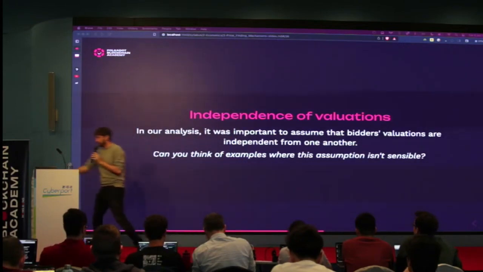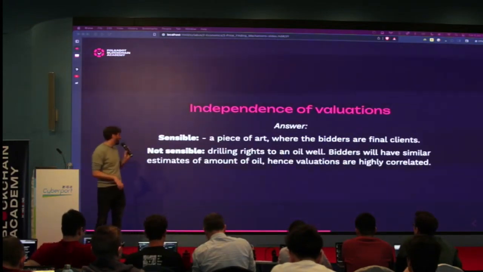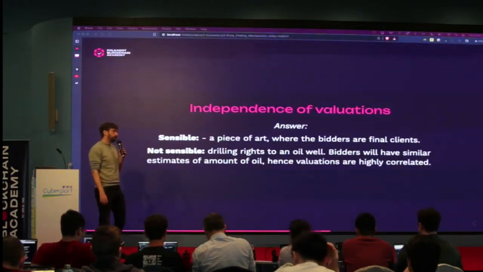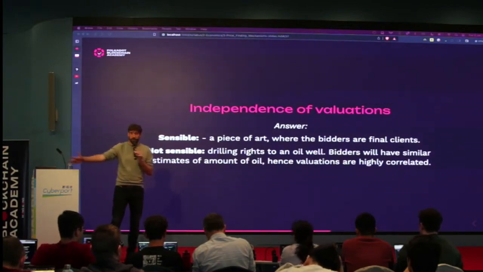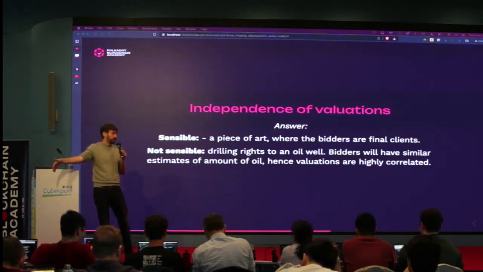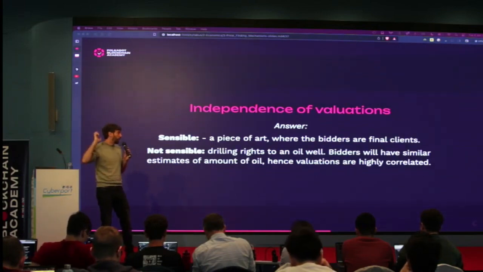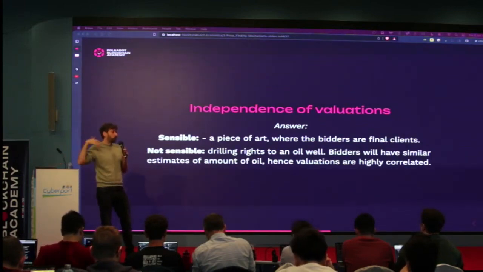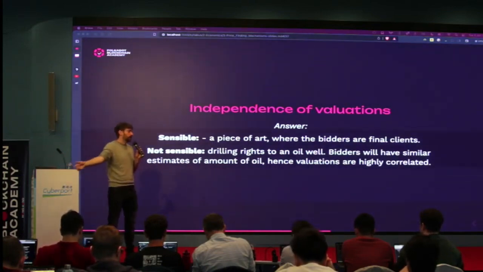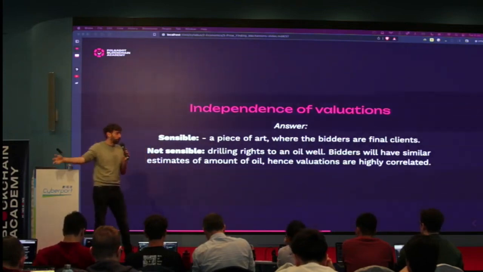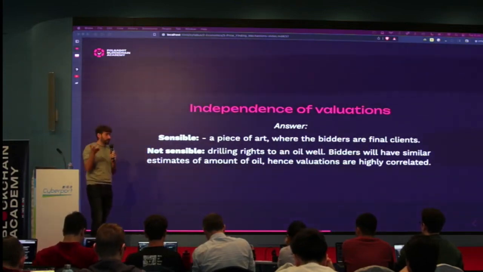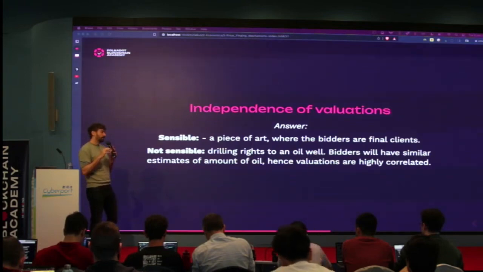Another very famous example here is drilling rights. If the government, for example, says that we have this new piece of land and we know that there's oil below that, and now the oil companies can bid to actually buy the land and drill oil, then of course these valuations are highly correlated because there will be oil.